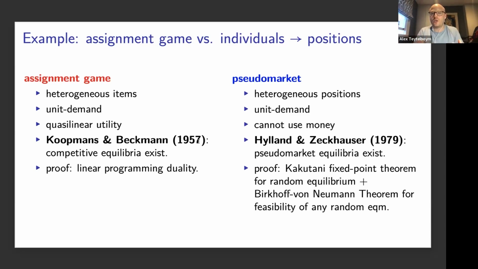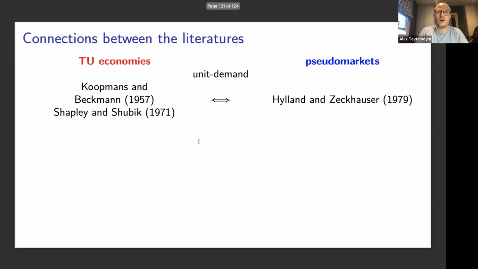But actually, once you go beyond the unit demand case, things seem to get much hairier. One of the things that the duality result I just showed you points out is that from an existence point of view, these two problems are equivalent. Pseudo-market equilibrium existence in the Hylland and Zeckhauser pseudo-market and competitive equilibrium existence in the TU economy in the assignment game are equivalent problems.